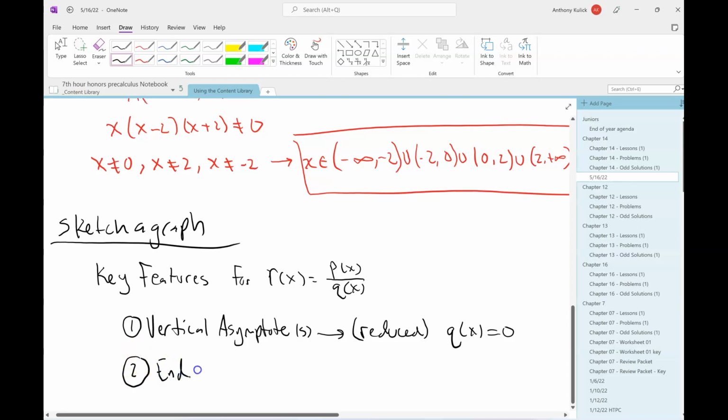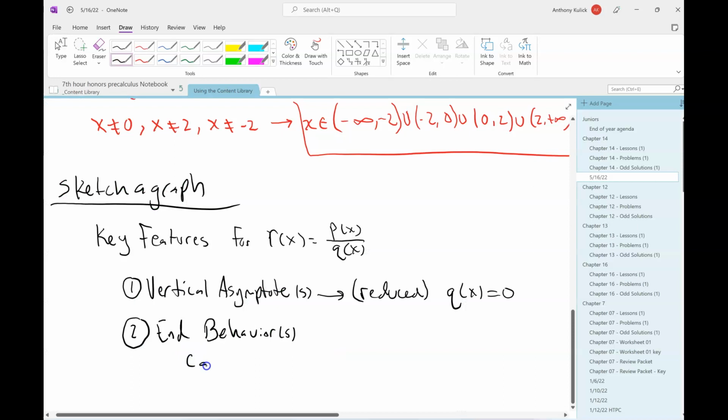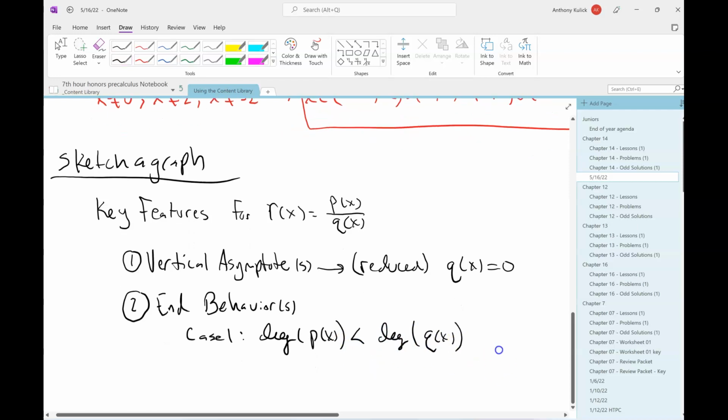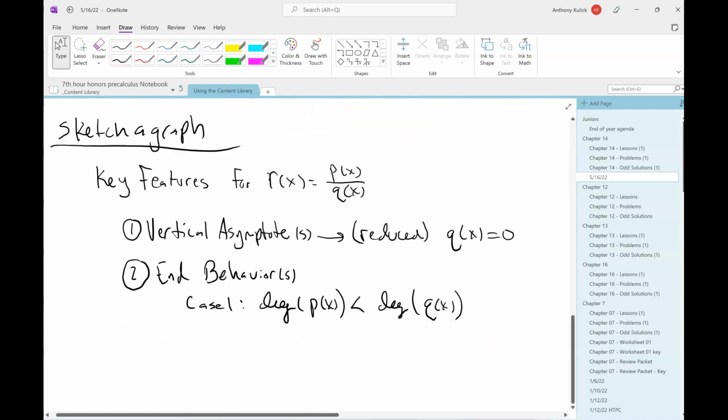The next thing we're going to worry about is the end behaviors. And there's actually 3 cases that we could fall into here. The first case is where the degree of the numerator is less than the degree of the denominator, in which case we get a horizontal asymptote or end behavior at y equals 0.